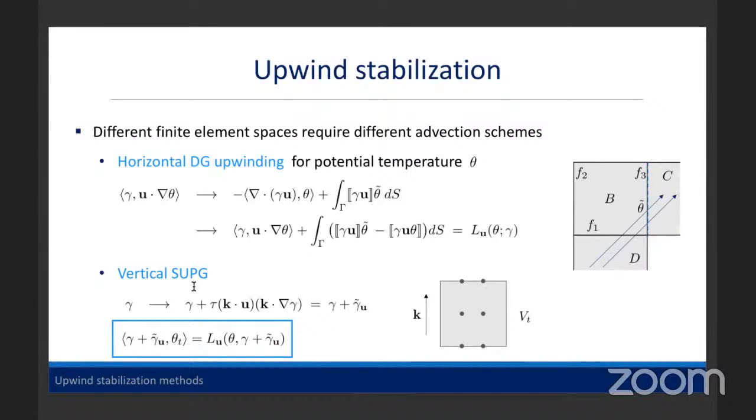And the idea is that you take all of your test functions, gamma, and add an upwind contribution to them. And in this case, we only do it in the vertical direction because we are only continuous in the vertical direction. And so my fully stabilized temperature equation has this discontinuous Galerkin upwinding in the horizontal, I call this operator L, and these upwinded test functions gamma twiddle to account for stabilization in the vertical direction.